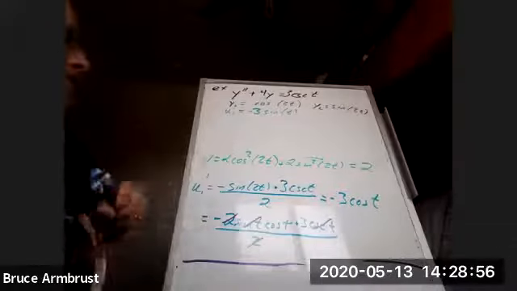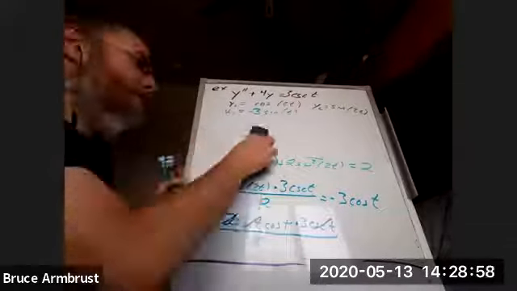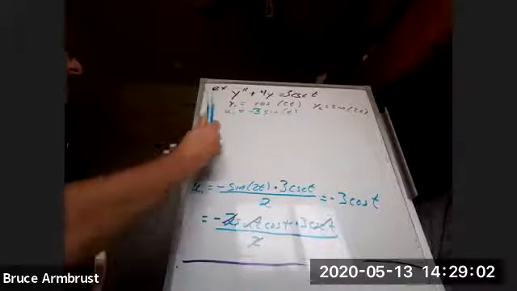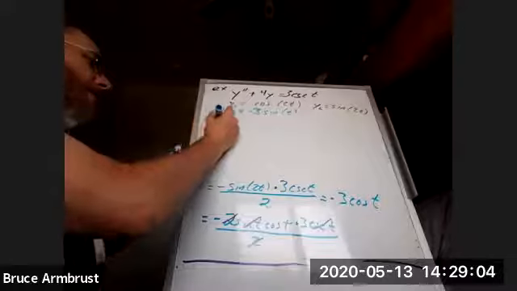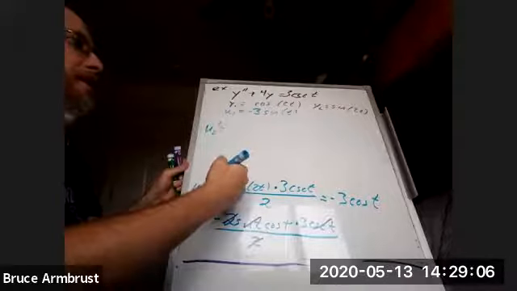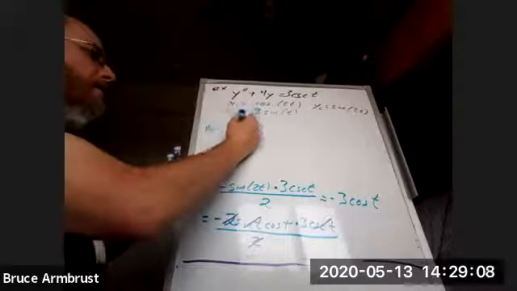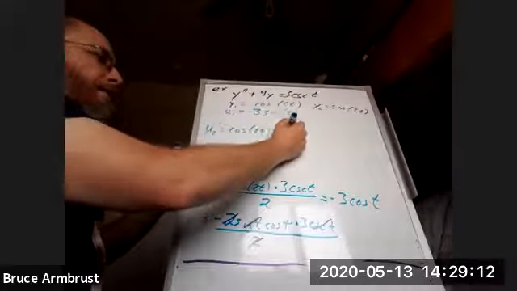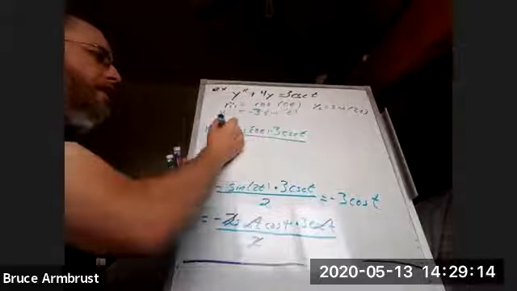So U2, same process, just we have a different setup for it. U2 prime, that's now going to be U1, or sorry, y1, so cosine of 2t times f, so 3 cosecant of t, divided by 2.